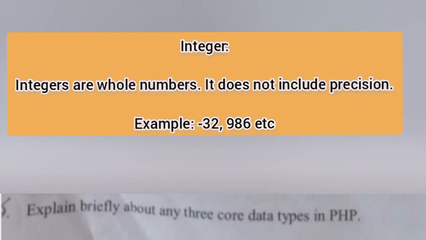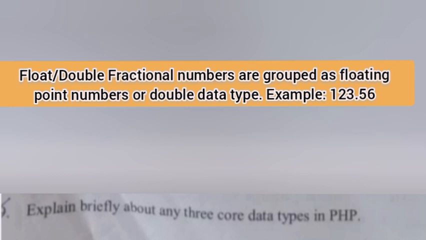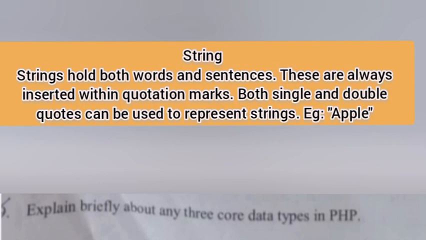29. Explain briefly about any three core data types in PHP. Answer: 1. Integer. Integers are whole numbers. It does not include precision. Example: -32, 986, etc. 2. Float or double. Fractional numbers are grouped as floating point numbers or double data type. Example: 123.56. 3. String.